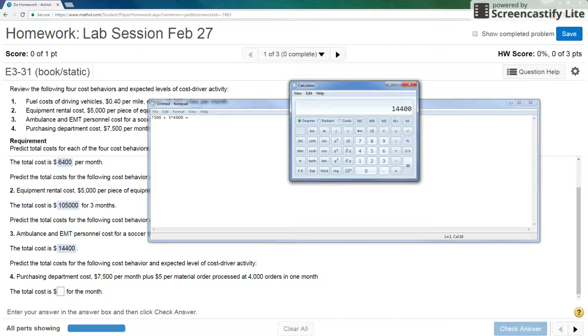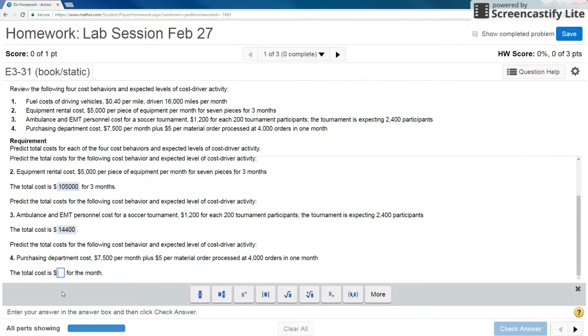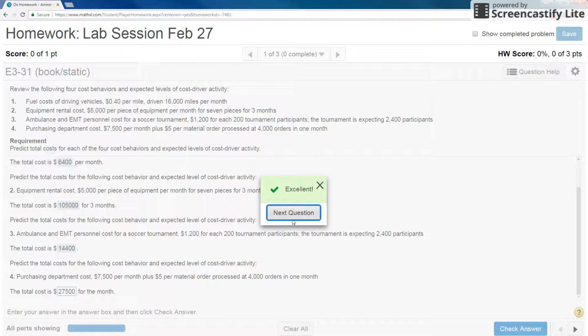So it will be 7,500 plus 5 multiplied by 4,000. I made a mistake here: 5 by 4,000 is 20,000, plus 7,500, it's 27,500. Oh, that was the first question.